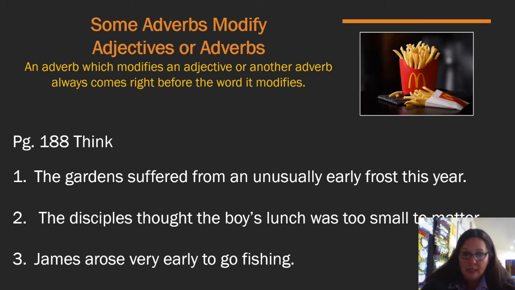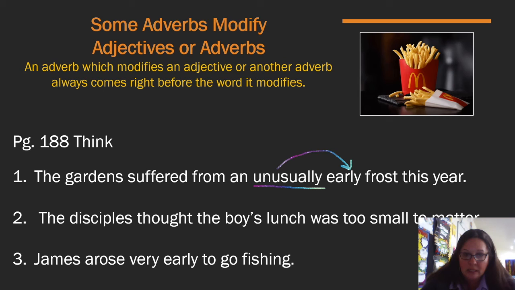Well, underline the adverb. I see an ly, which is a huge hint that it's probably an adverb. So we have unusually, we underline. But what is it describing? Okay, it's describing early. So we draw an arrow. So unusually is kind of the supersized word that's describing early. Okay, let's look at number 2. The disciples thought the boys' lunch was too small to matter.